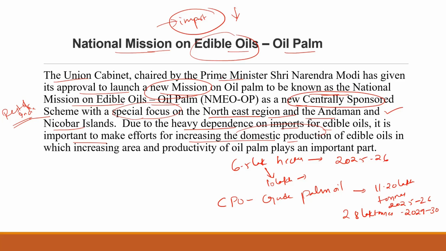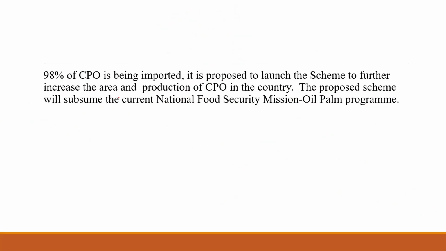Now, who will benefit from this scheme? This scheme will benefit the oil palm farmers, and it will help in increasing capital investment. It will create employment generation, and it shall even reduce the import dependence.